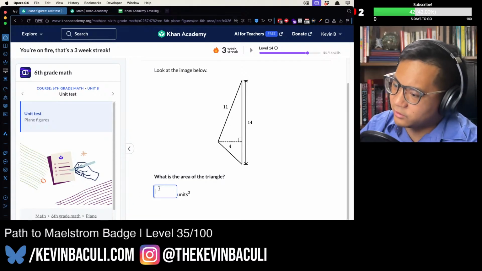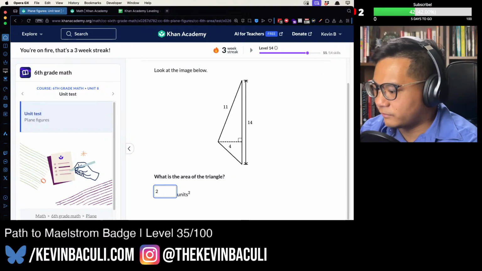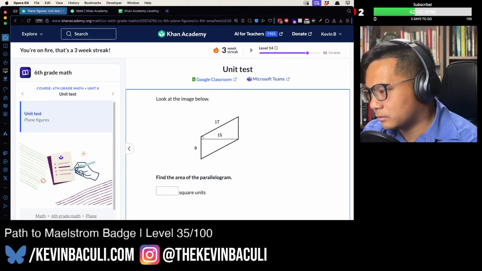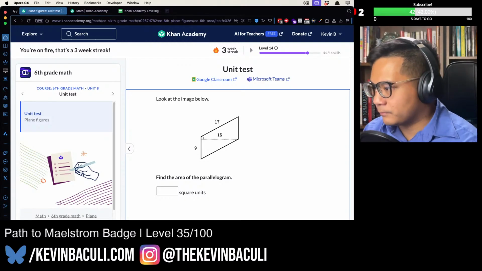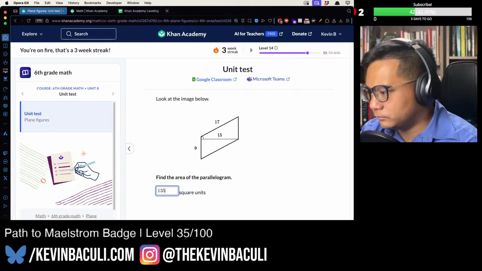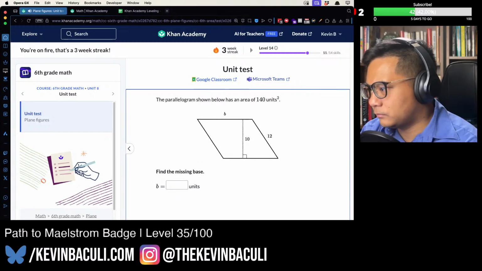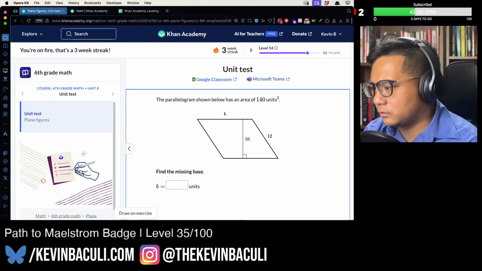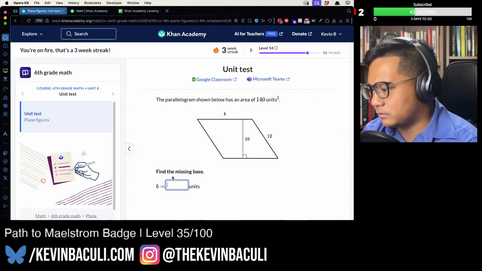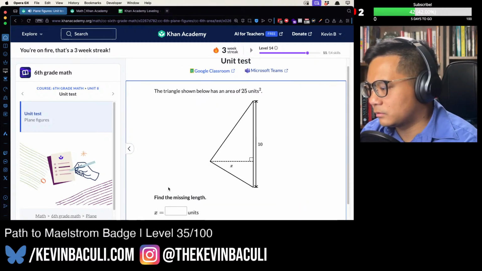Oh, I'm stupid. 28. Half the height times the base, yeah. $135. $10 B equals 40. 14. 5.